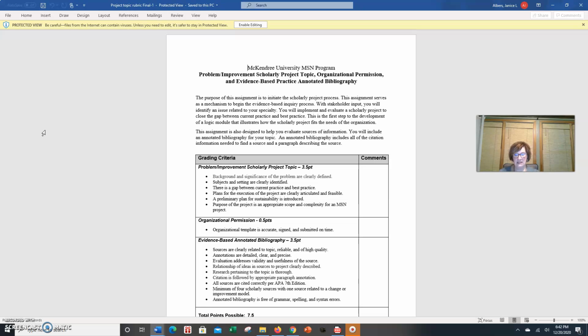But again, you want to have something very clear, very significant to practice, to really dive into improving what's going on, and always keep in mind what is feasible and what your practicum site will allow you to do while you are there. So you need to have that buy-in of those key stakeholders.